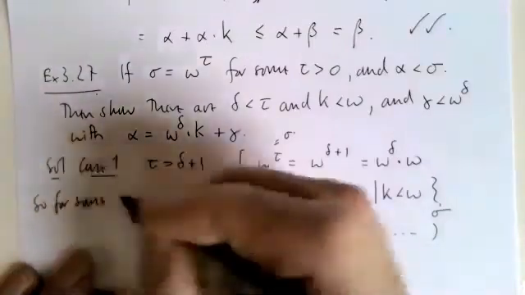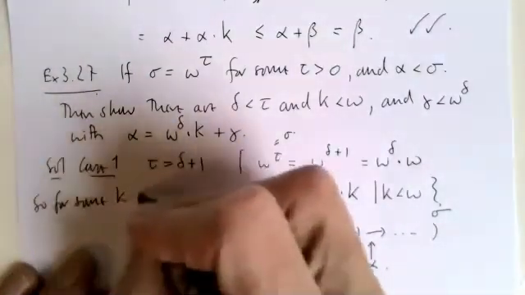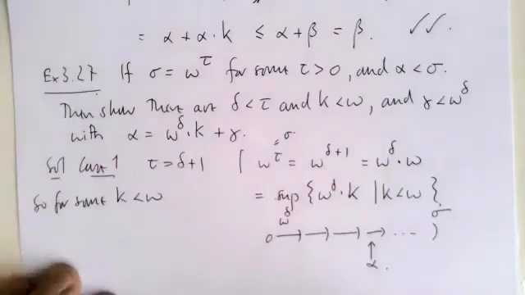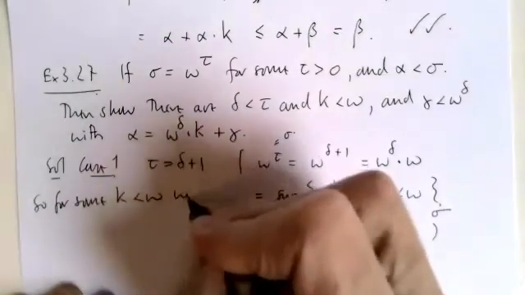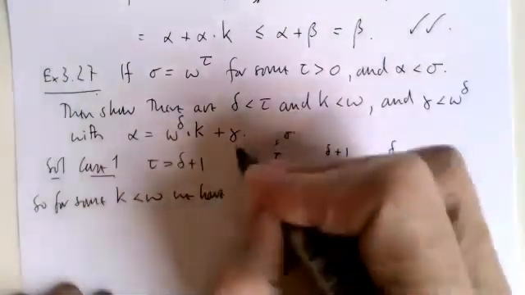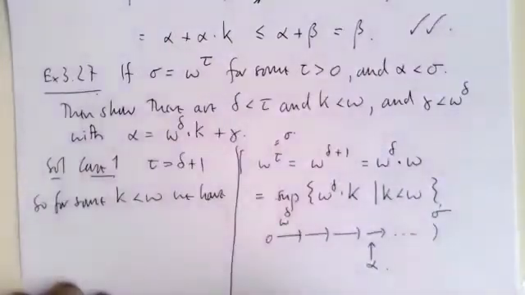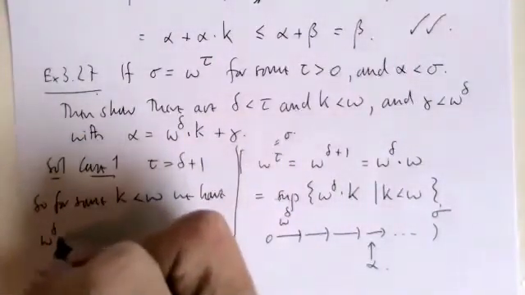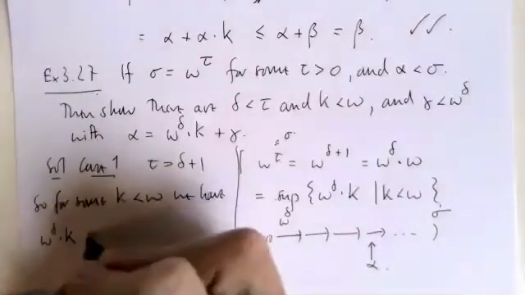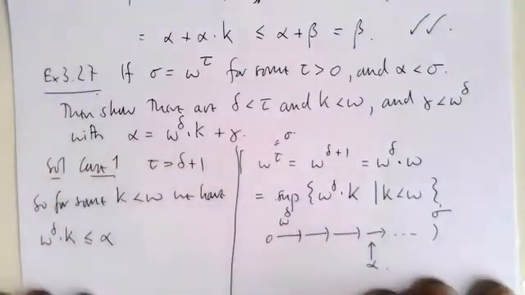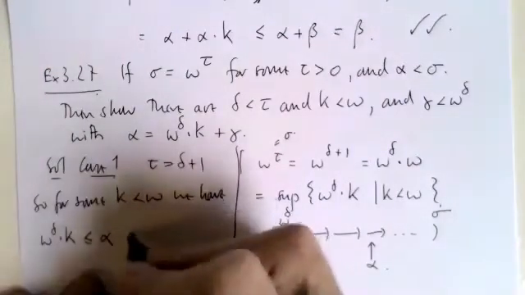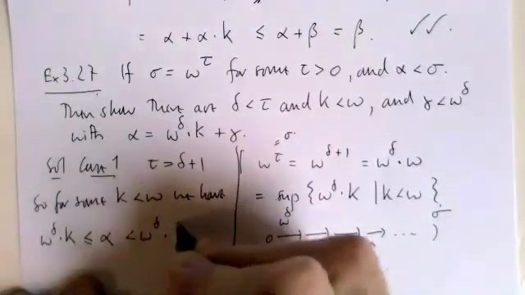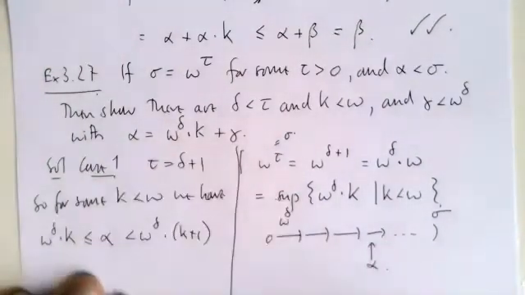So for some k less than omega, we have omega to the delta times k. Alpha might be exactly that multiple of it, but it's less than omega to the delta for the next block.